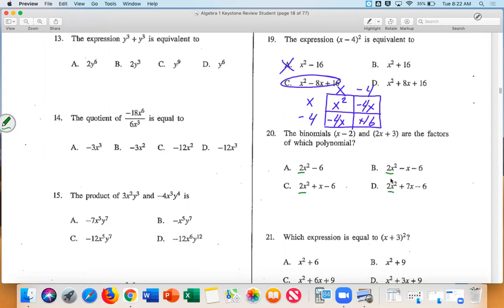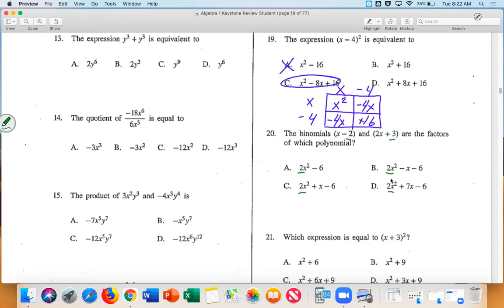But now what I like to do is check the last number. -2 times +3. Notice they all have -6. So my trick didn't really help me out here, but in a problem like 19, it would eliminate one of them. Sometimes it eliminates more than one.